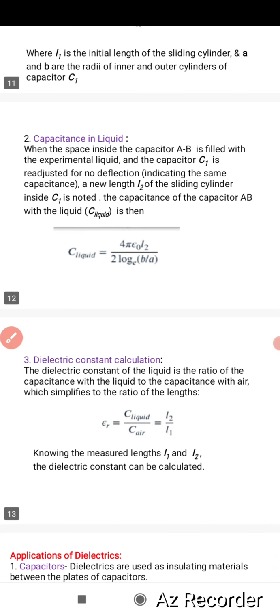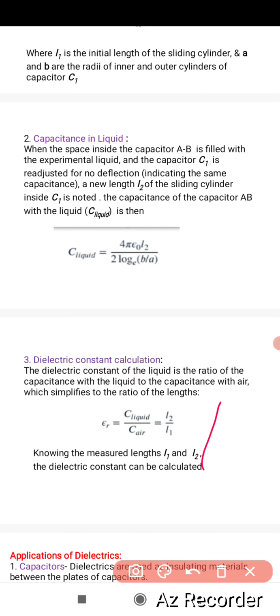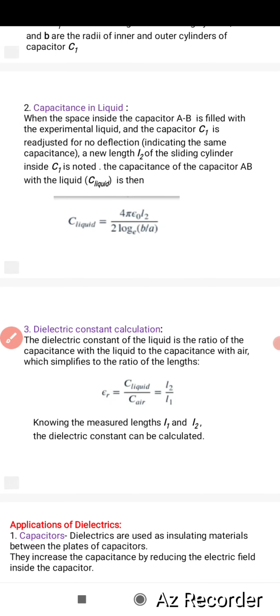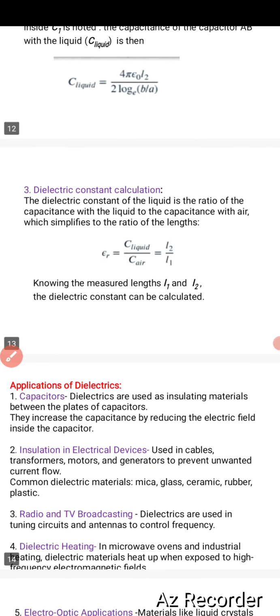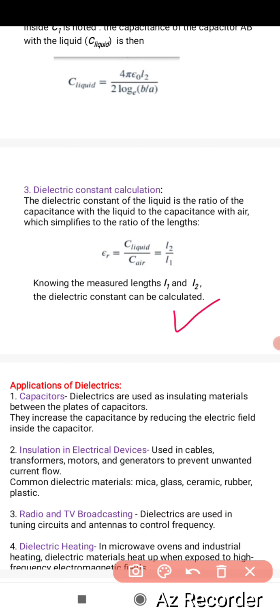By measuring the lengths L1 and L2, we can determine the dielectric constant of the given liquid. This is the Hopkinson method for determination of the dielectric constant.